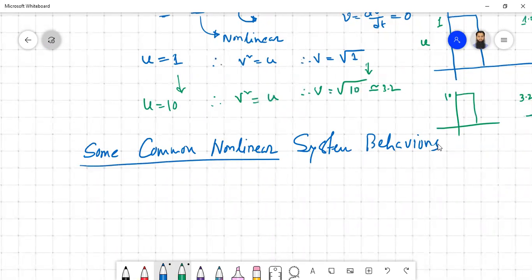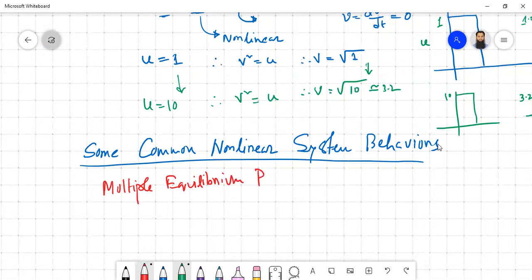First of all is multiple equilibrium points.